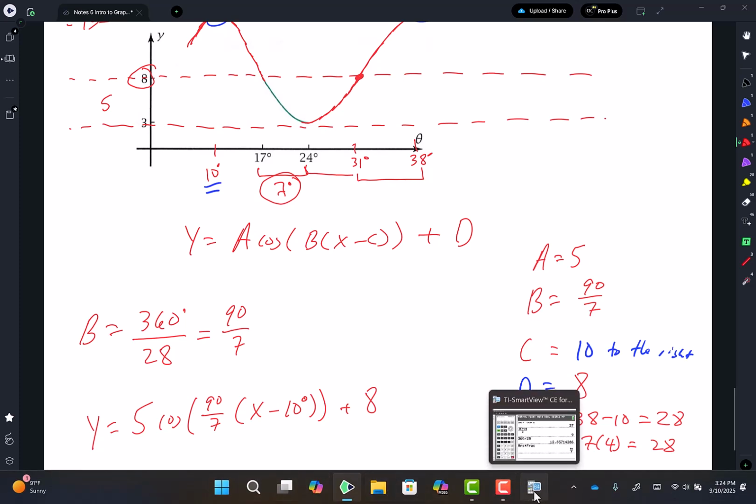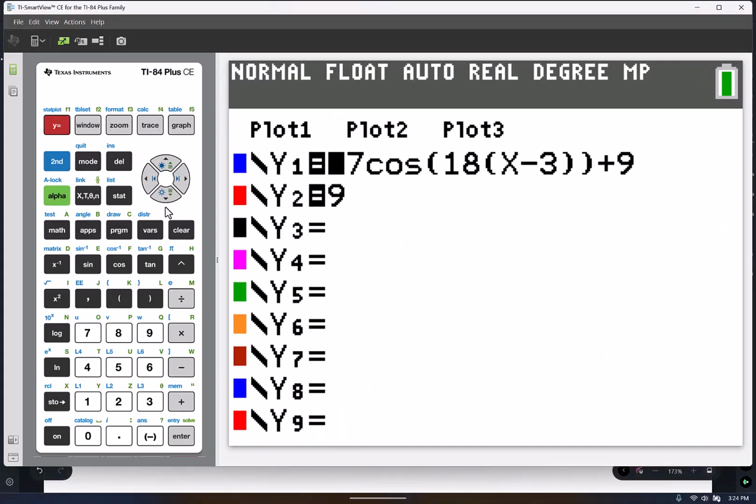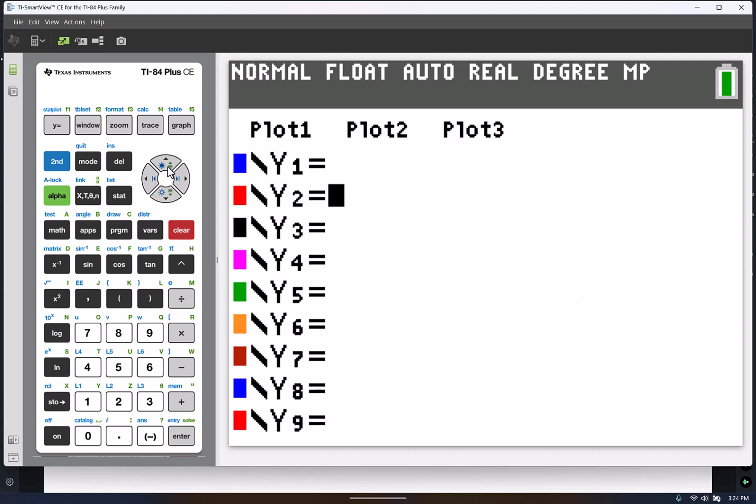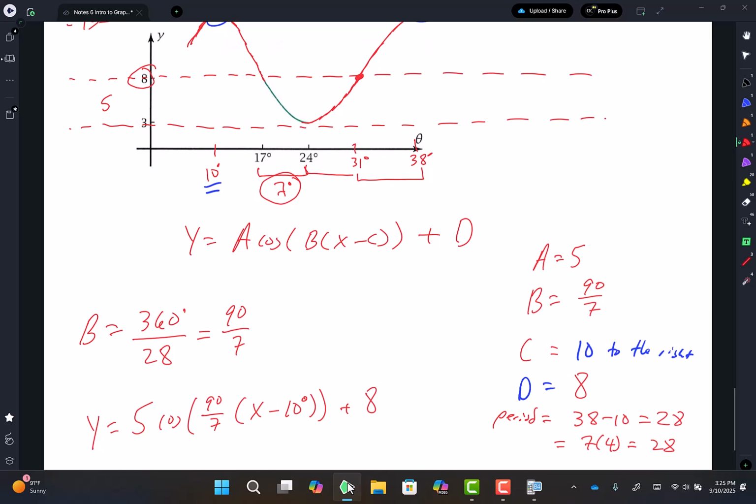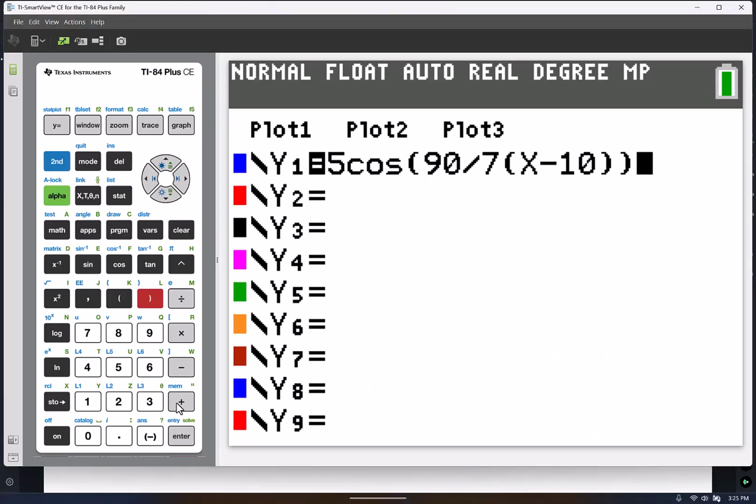So take a calculator. Y equals, clear, clear, 5 cosine, 90 over 7, open parenthesis, x minus 10, close, close, plus 8. I'm not going to push graph yet.